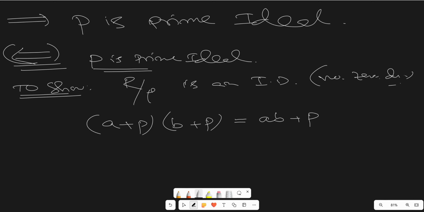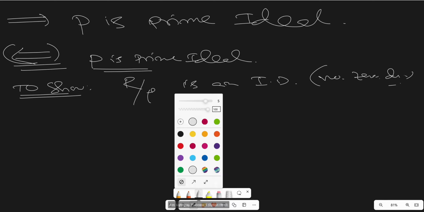So a plus P and b plus P, what can you do? You have to show that R mod P is an integral domain. Let me think a little bit how I should proceed.